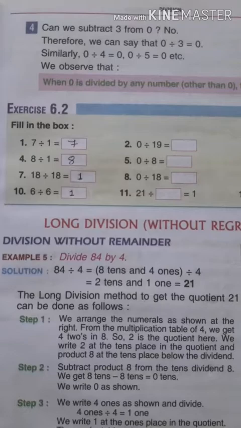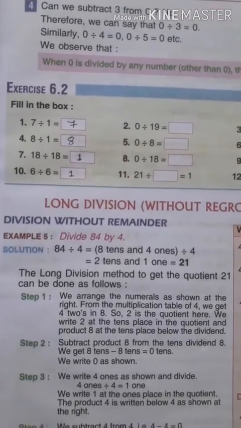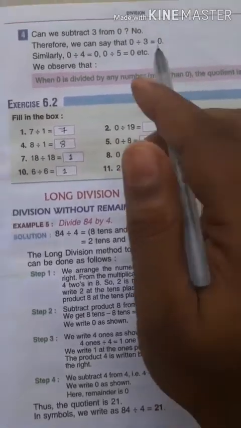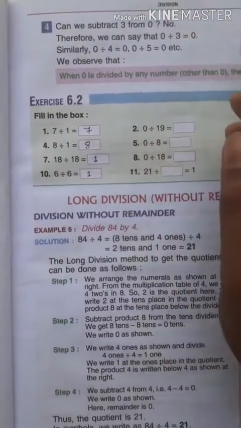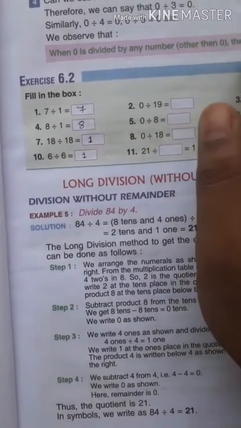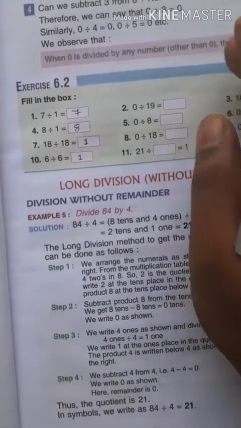Okay students, let us check the fourth property. When 0 is divided by a non-zero number, the quotient is 0. Understand?